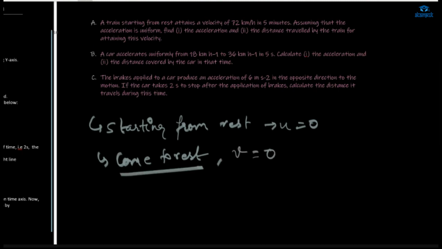Come to rest means the final velocity will be taken as 0. The initial velocity would be something, and then it has come to rest, so the final velocity is 0. Starting from rest, u is 0. Come to rest, v is 0.